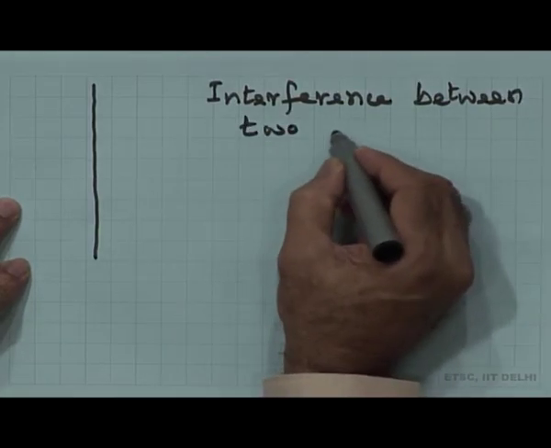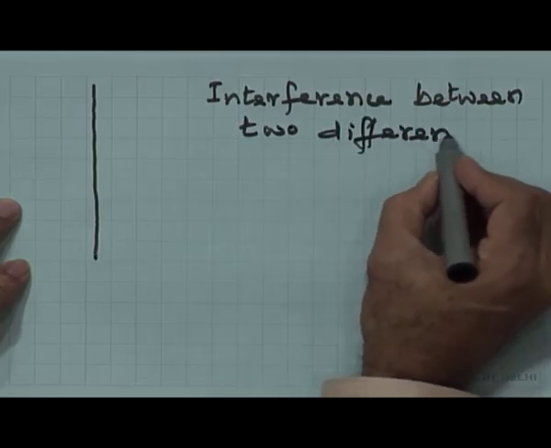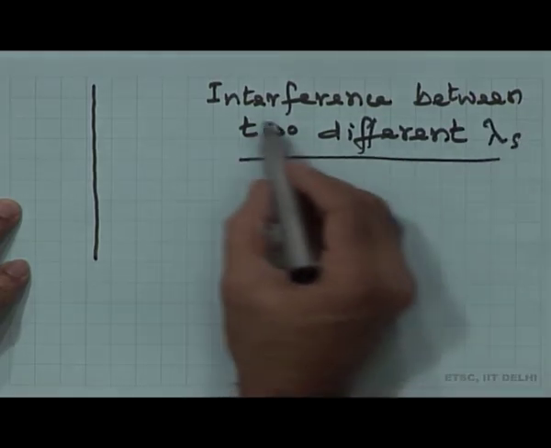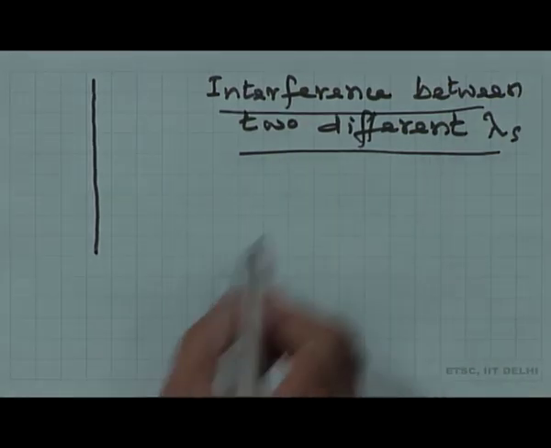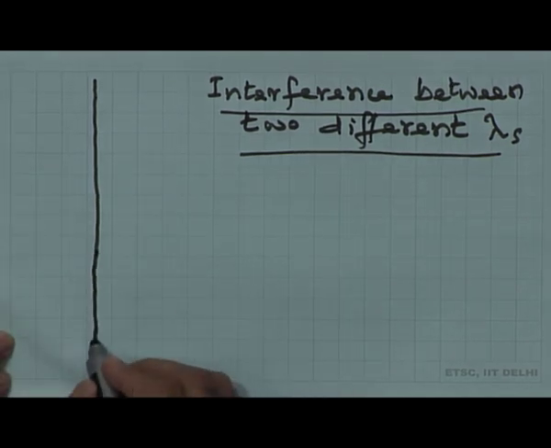Is it possible? That is what I want to see. I am not saying that it is possible, I am discussing interference between two different wavelengths. So, let us look at the wavelengths here.